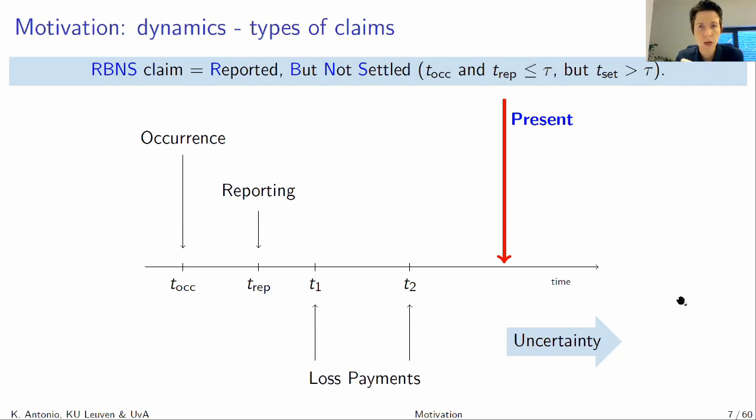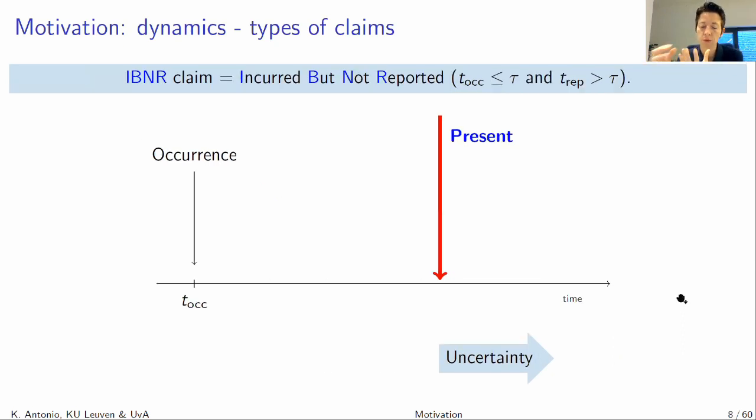And then next to this, we also have another type of claim, which has to do with the presence of the reporting delay. So here I have a so-called IBNR claim. That's an incurred but not reported claim. That means the event that is covered by my insurance contract happened in the past, but the insurance company is not aware of this accident yet. So the reporting of this event will happen in the future.